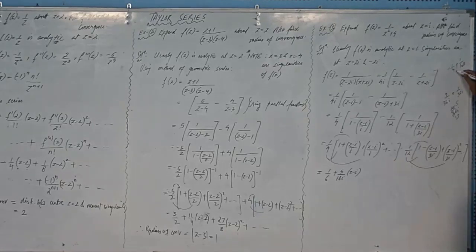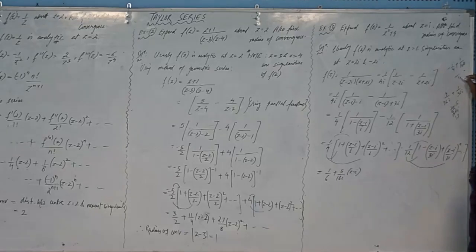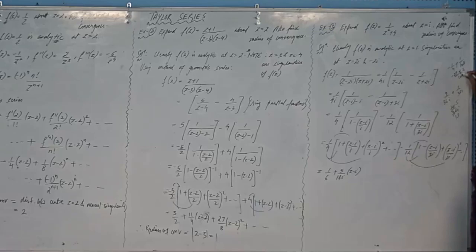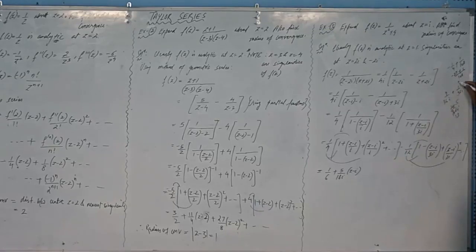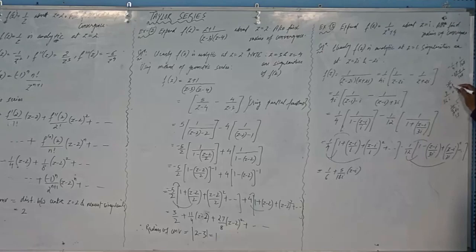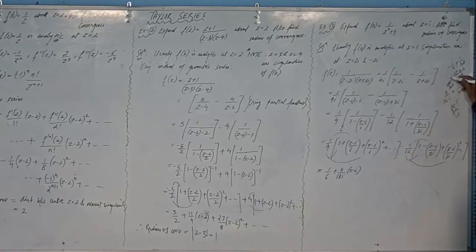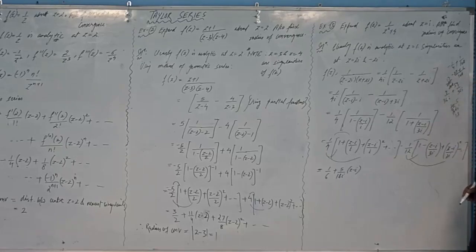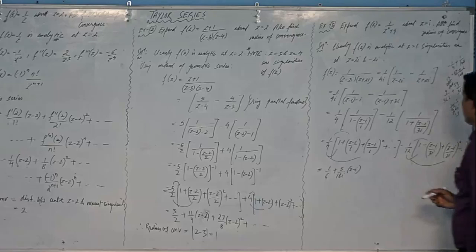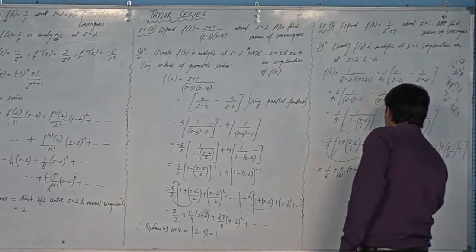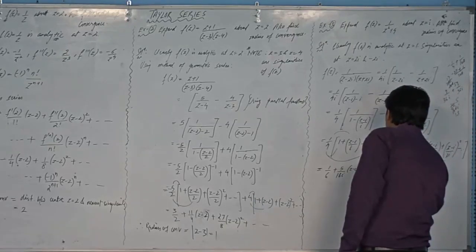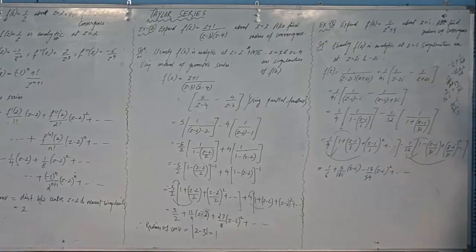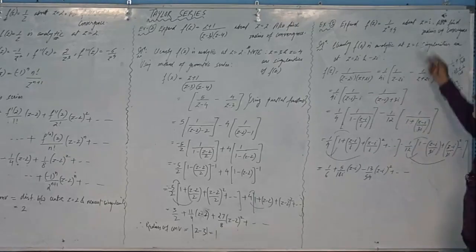And on taking LCM it will give you plus 1, minus 26 upon 108, and you can cancel that term, 13 by 54 minus 13 by 54 z minus iota whole square, and so on, right? So this is your expansion in powers of z minus iota, right?